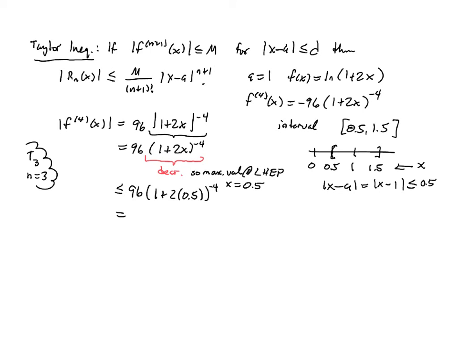And that simplifies to 96 times 2 to the negative 4, which is the same thing when you work it out as 6. I jumped ahead in my notes.